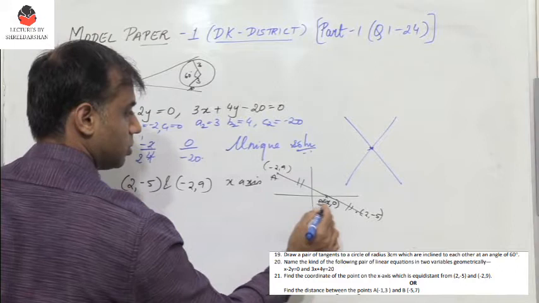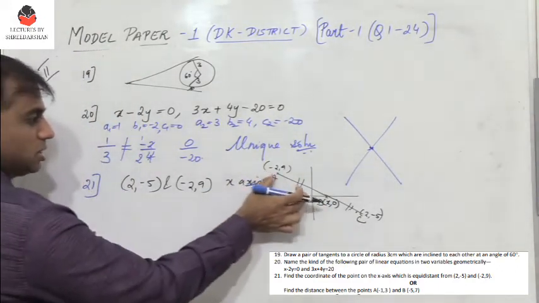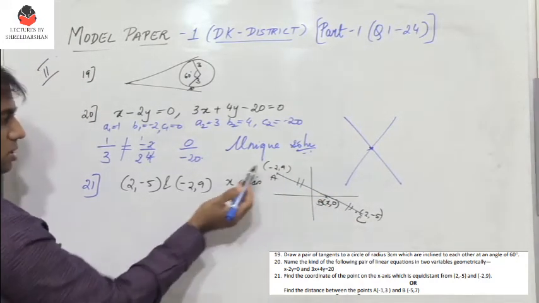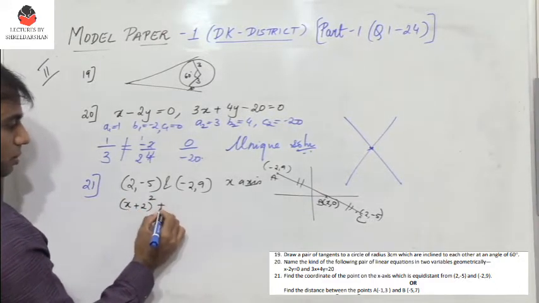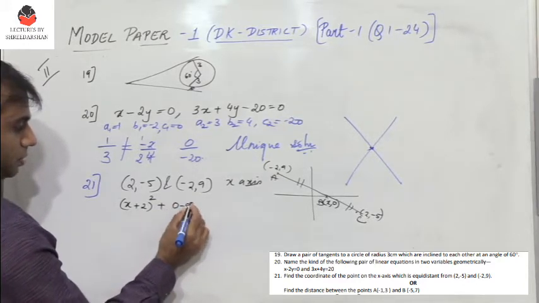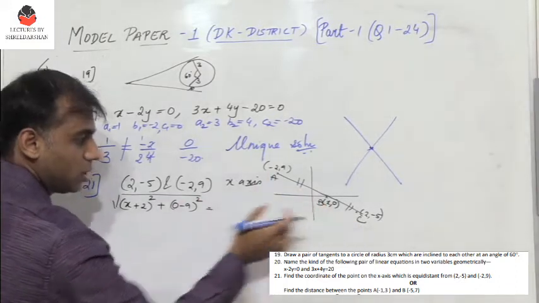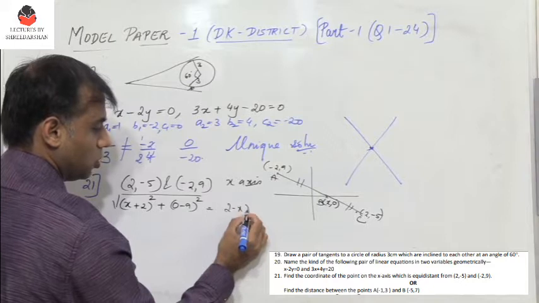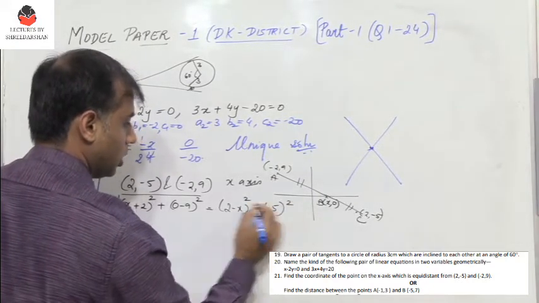So AB is equal to BC. Let me use the distance formula. Root of (x minus of minus 2, that is x plus 2) the whole square plus (0 minus 9) the whole square should be equal to root of (2 minus x) the whole square plus (minus 5 minus 0) the whole square.